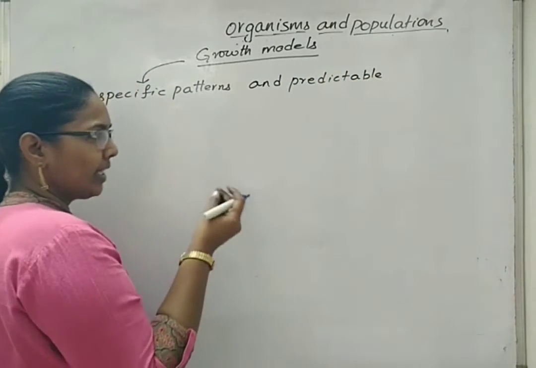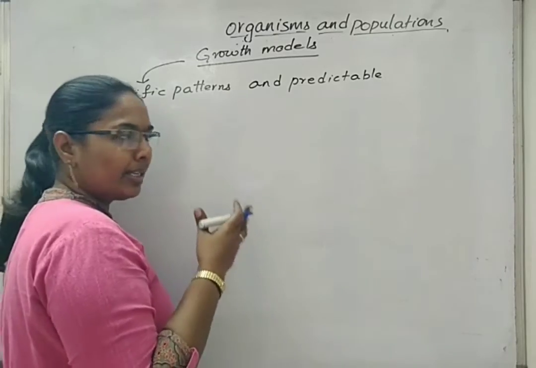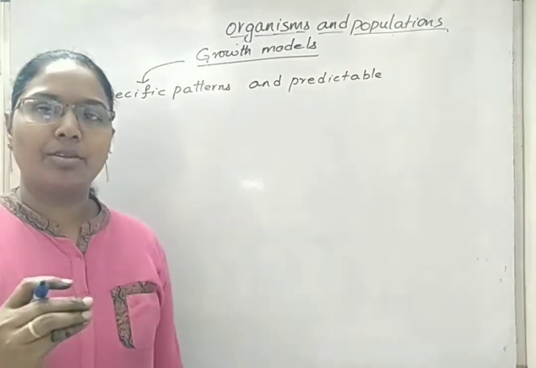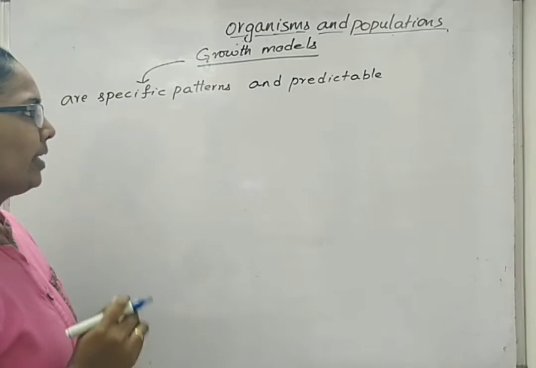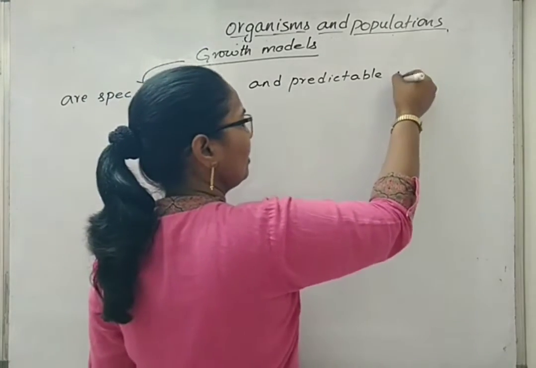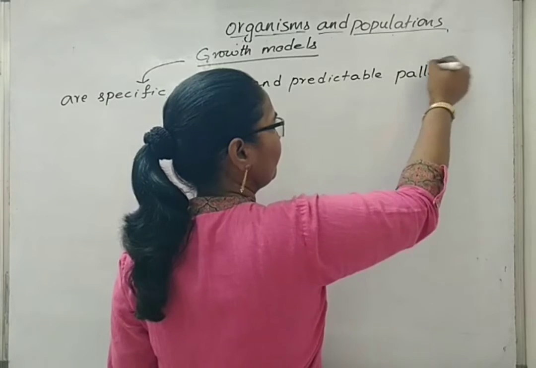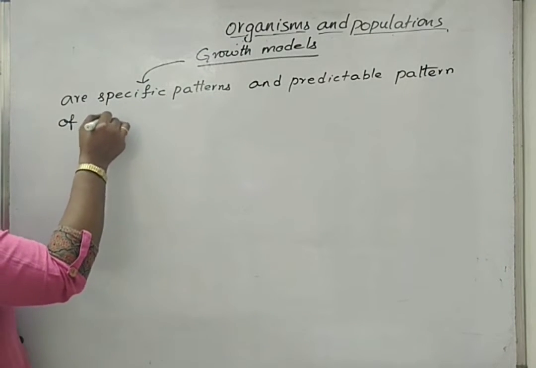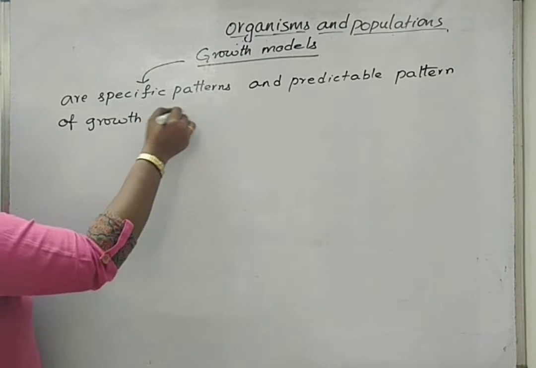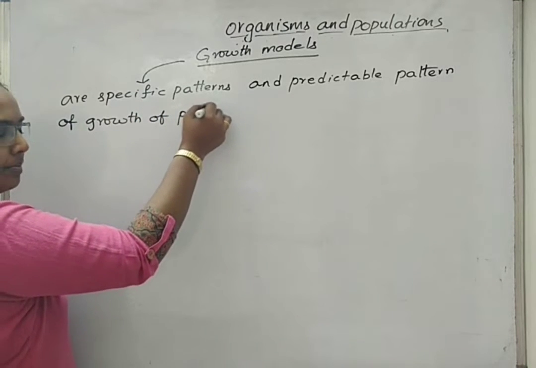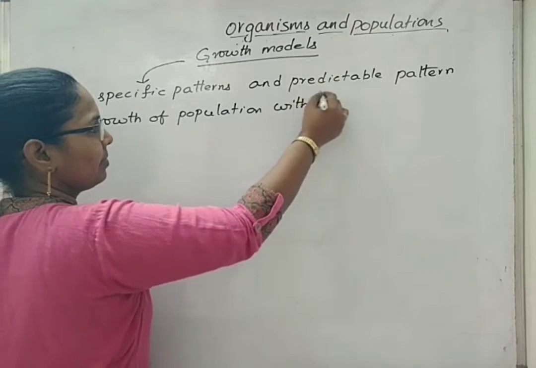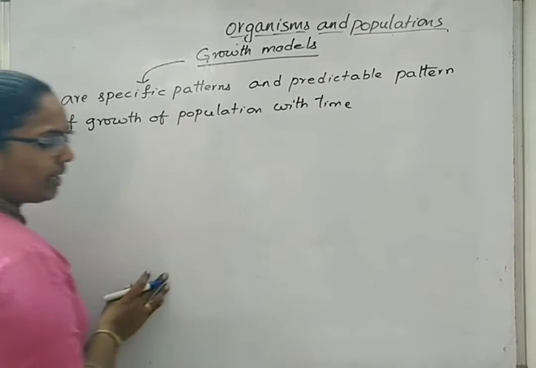Predictable in the sense that we can use some symbols and do the mathematical calculation to explain the population density or the number of individuals. A predictable pattern of growth of population, and this should be with time, in a time period.